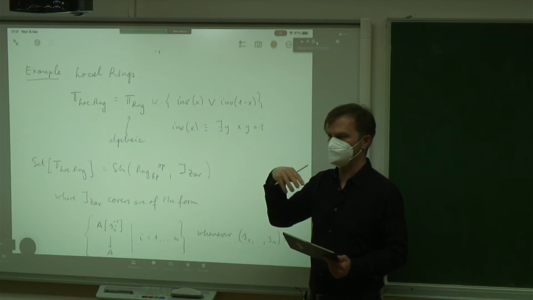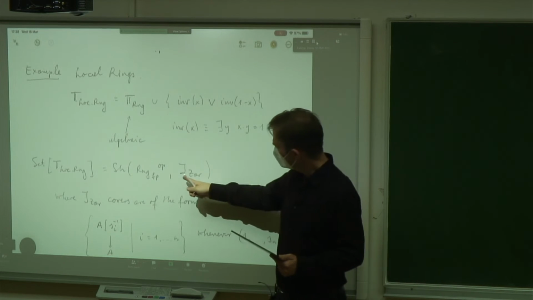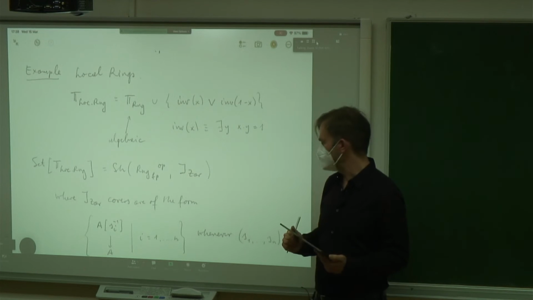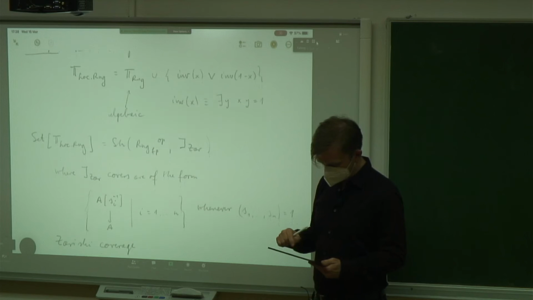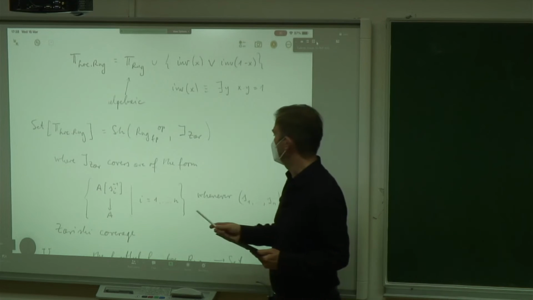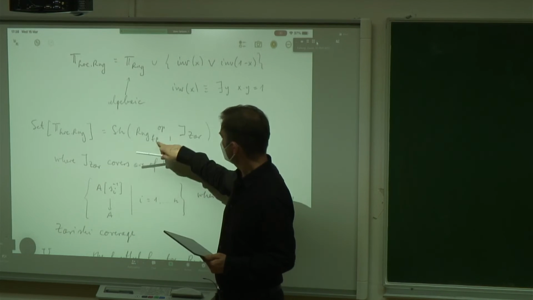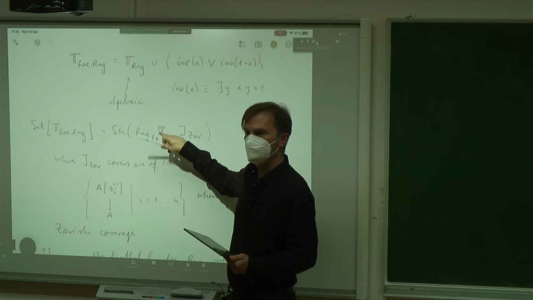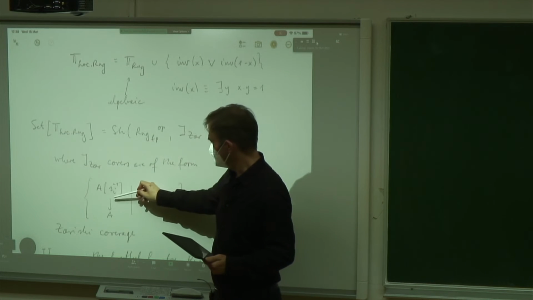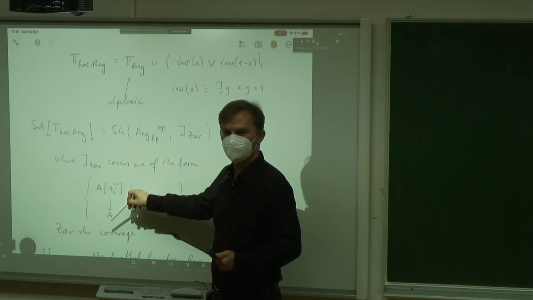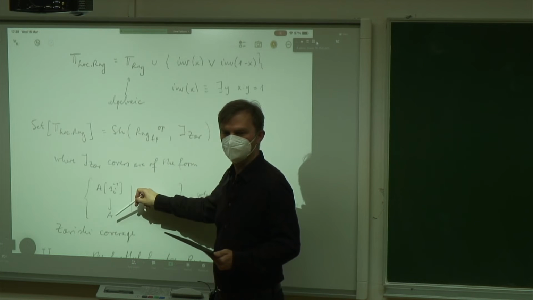So there's some kind of geometry coming in with the Zariski coverage, and Zariski covers are of the form... Okay, because we're working in the opposite category, the arrow here is going somehow in a very confusing direction.